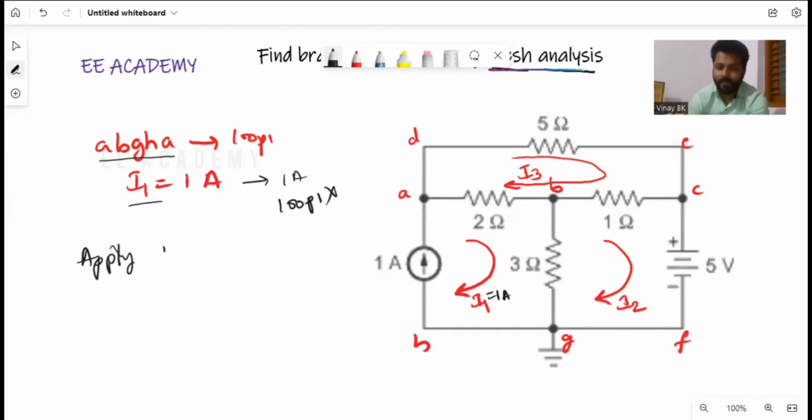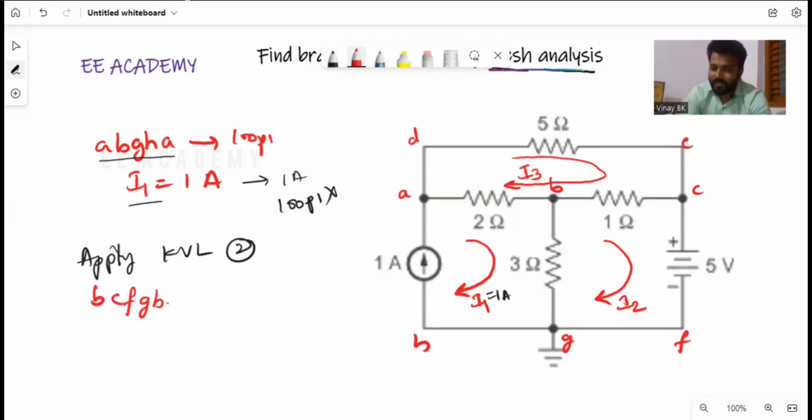Apply KVL to loop 2. So what is loop 2 here? Loop 2 is B, C, F, G, B, in the clockwise direction along with the current I2. What steps I told in the last video: first give names, then give loop direction along with the current, then mark the polarities based on the direction of the loop.